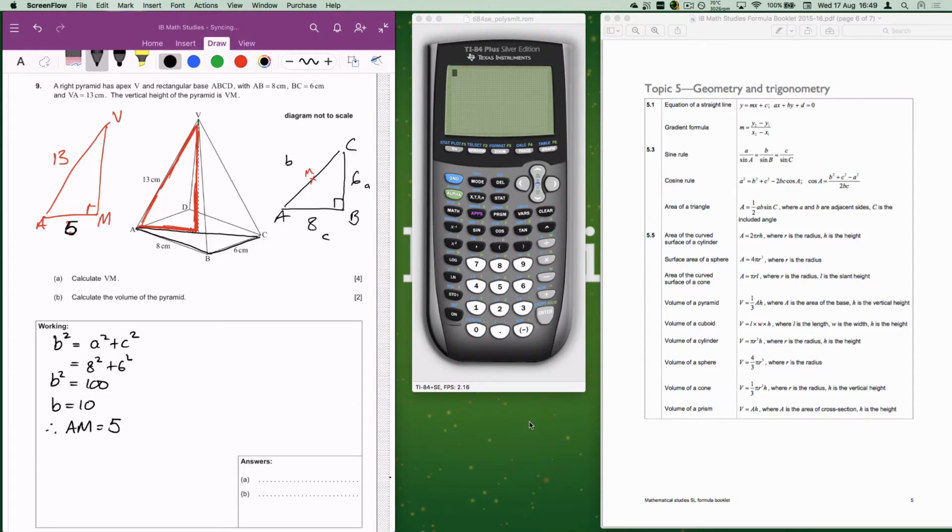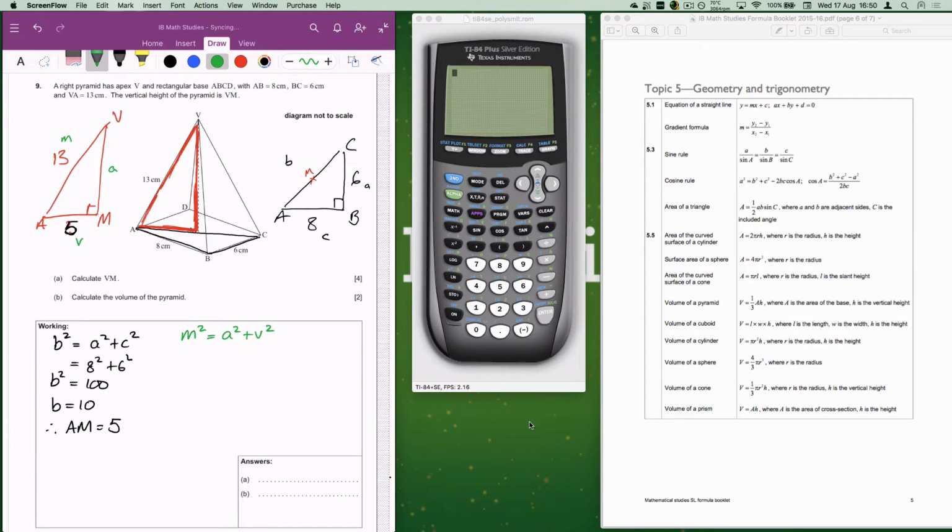Okay? So now we can use Pythagoras Theorem on this, and so we can call this one little m, this one little a, this one little v. So m squared is equal to a squared plus v squared.